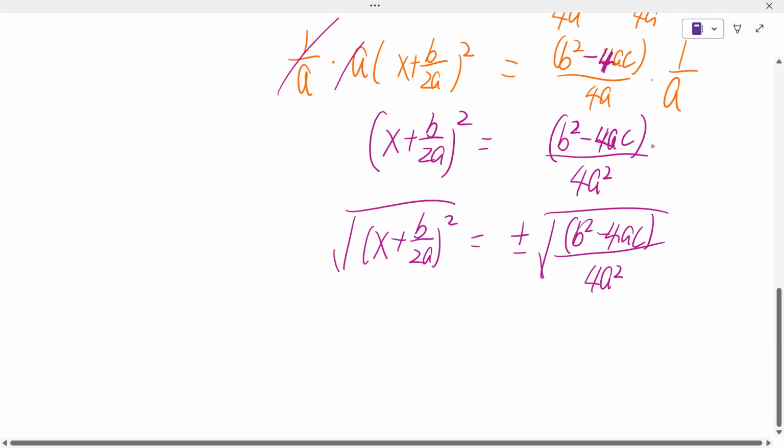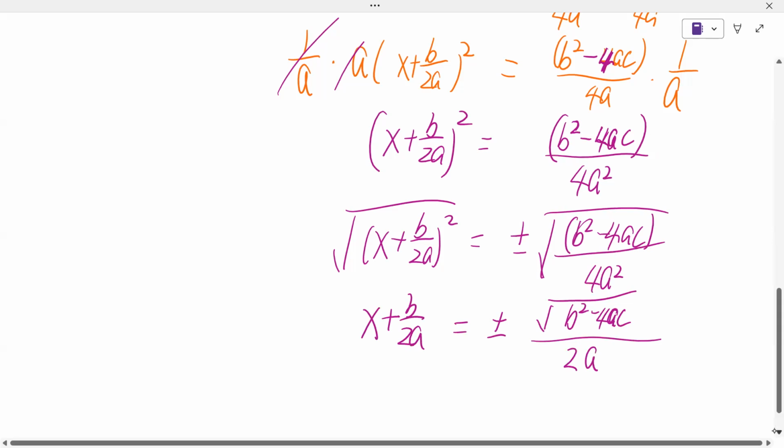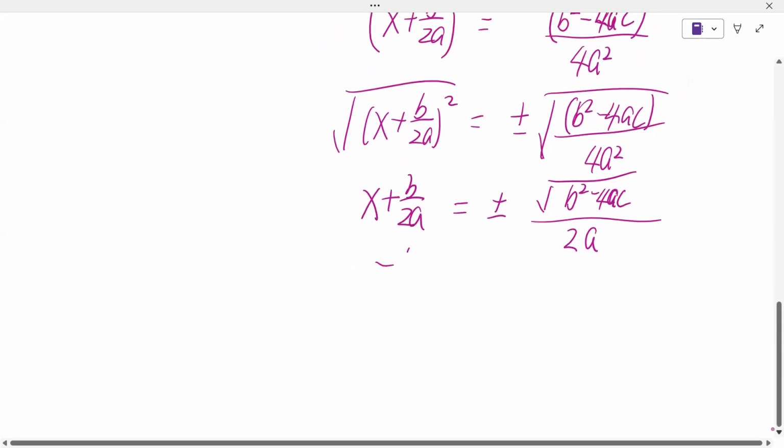Now that's simplified, right? So it's x plus b over 2a equals plus or minus the square root of b squared minus 4ac on top. On the bottom, the square root of 4 is 2, and the square root of a squared is a. Then we subtract b over 2a from both sides of the equation. Now we cancel that.